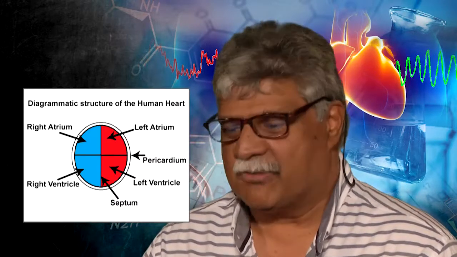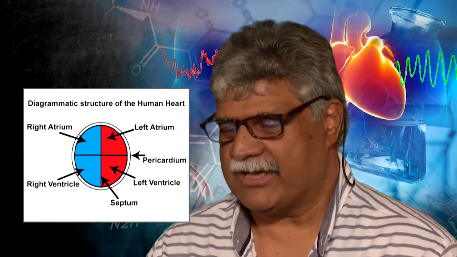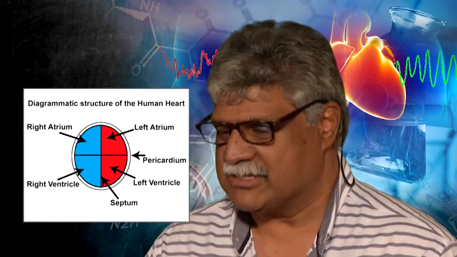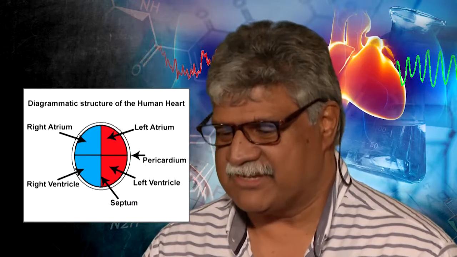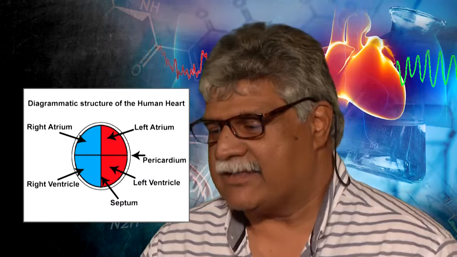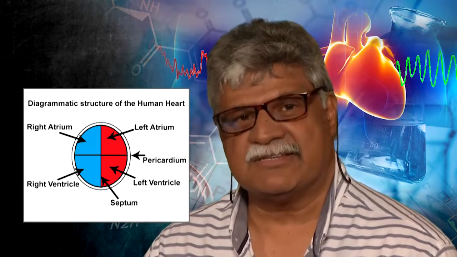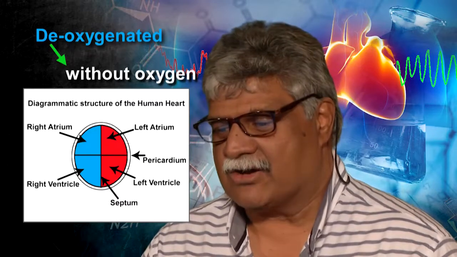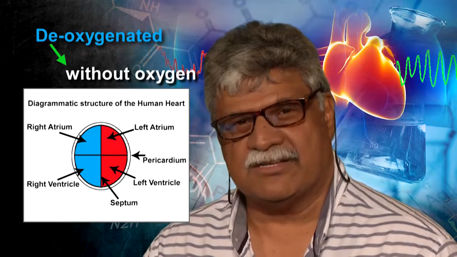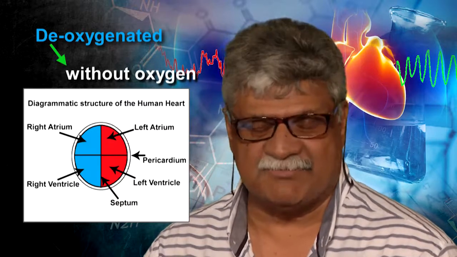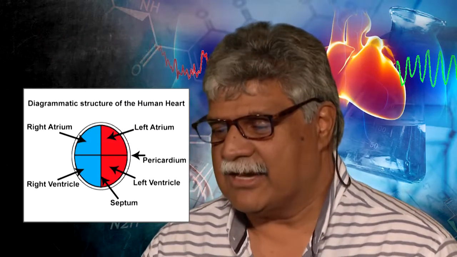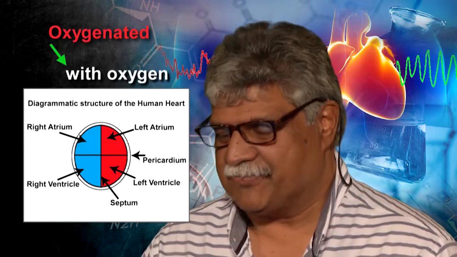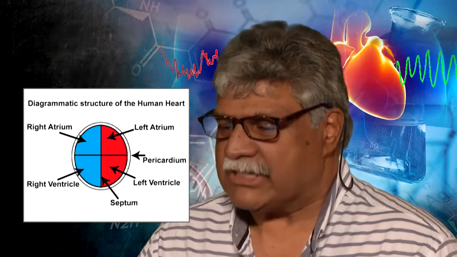In these 4 compartments, on the right hand side, the right atrium and the right ventricle are colored blue, and the left atrium and the left ventricle are colored red. The blue denotes deoxygenated blood, which I'll explain just now, and the red denotes oxygenated blood, which I'll talk about just now. So let's talk about this.